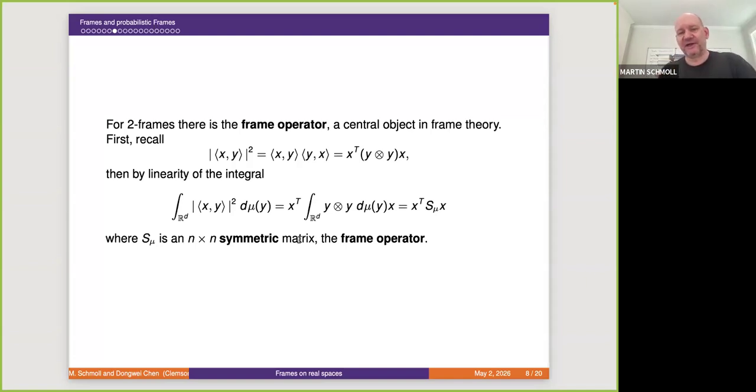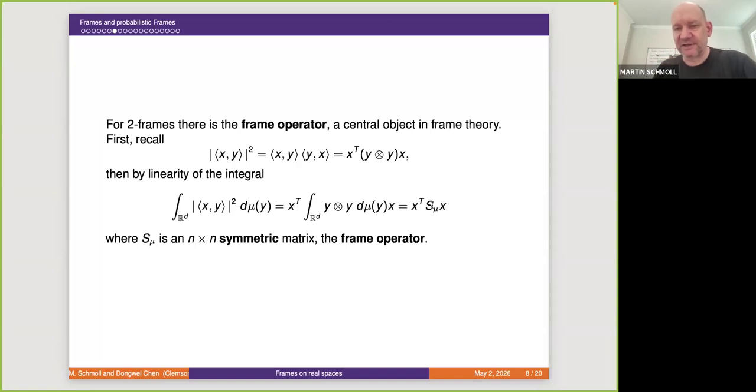Then you can tear this integral apart into pieces: an integral that depends only on the variable you integrate over, y, and the other variable, x, or vector, that you can pull out by linearity of the integral.